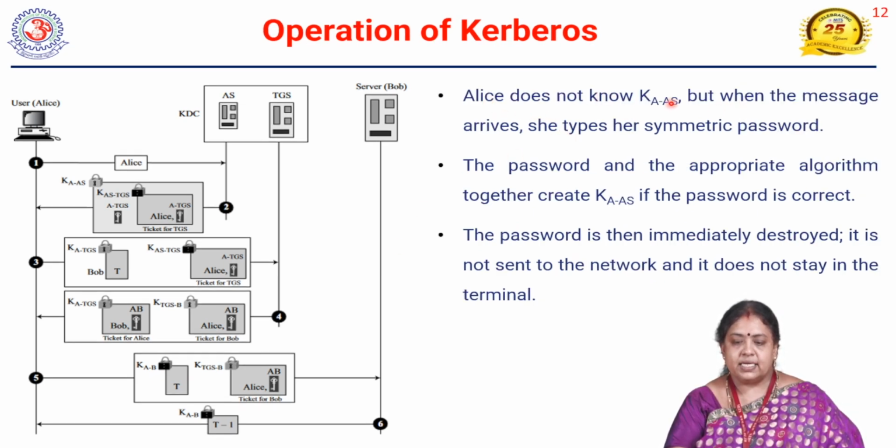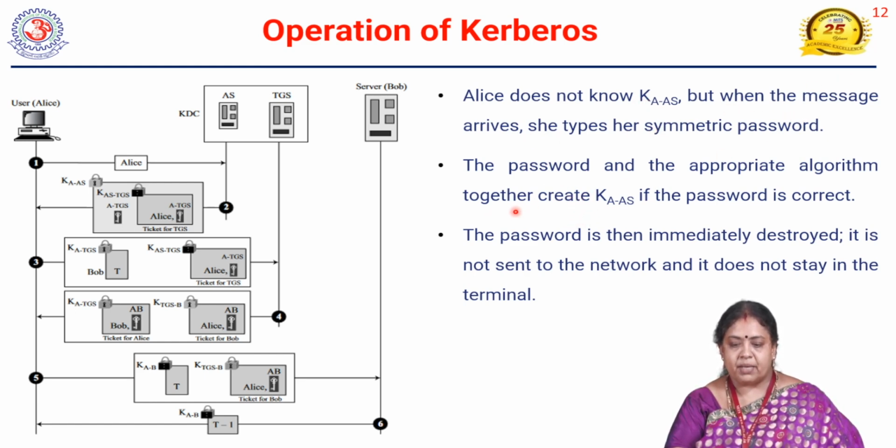So Alice does not know the key K_AS. So this whole message, the session key between A and TGS, is encrypted by using K_AS. So what it is going to do is take the password and apply the appropriate algorithm, since it is a symmetric password.